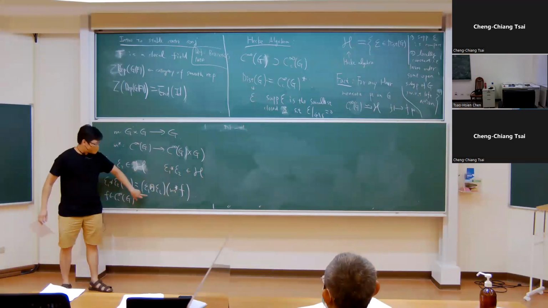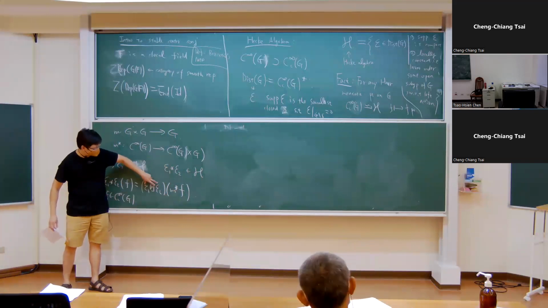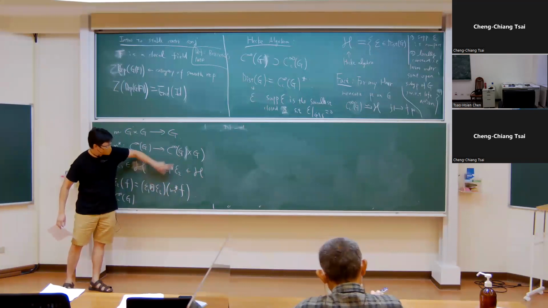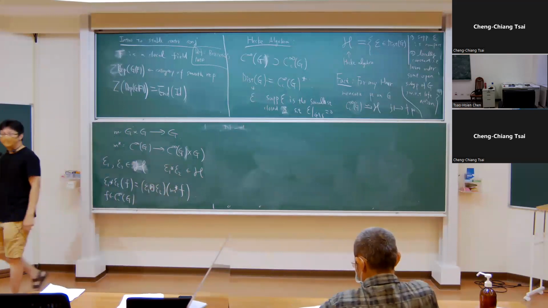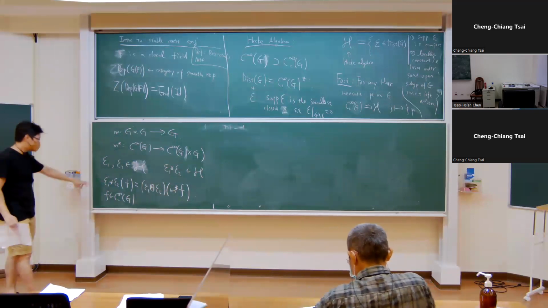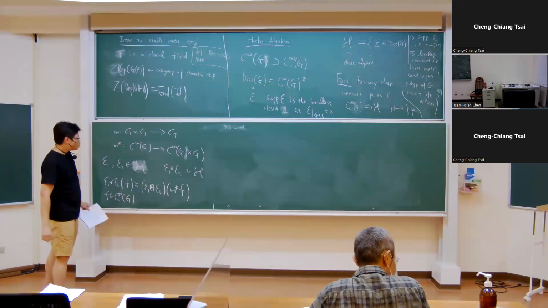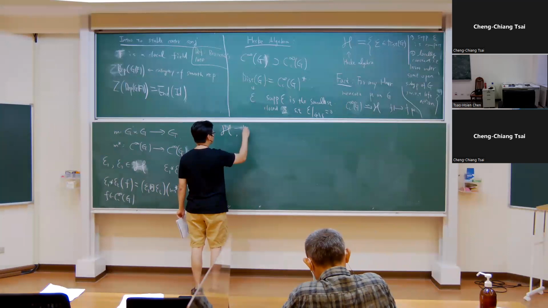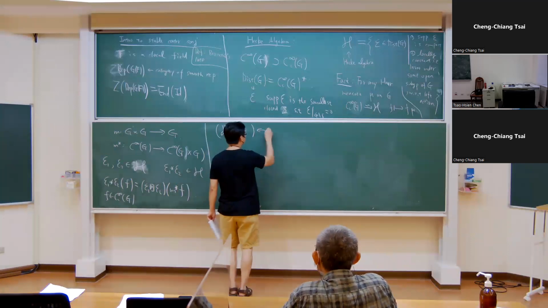This makes sense because these two things have compact support, so you can evaluate on any smooth function. Does it make sense? So it's a convolution of distributions.